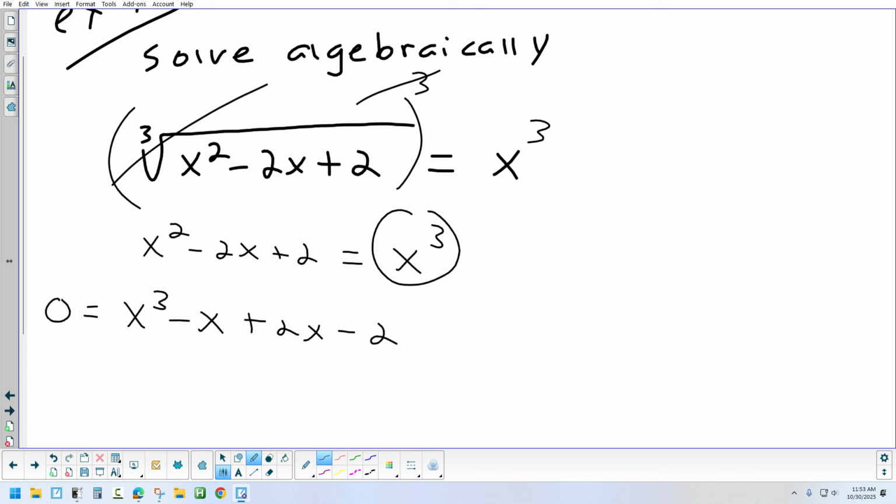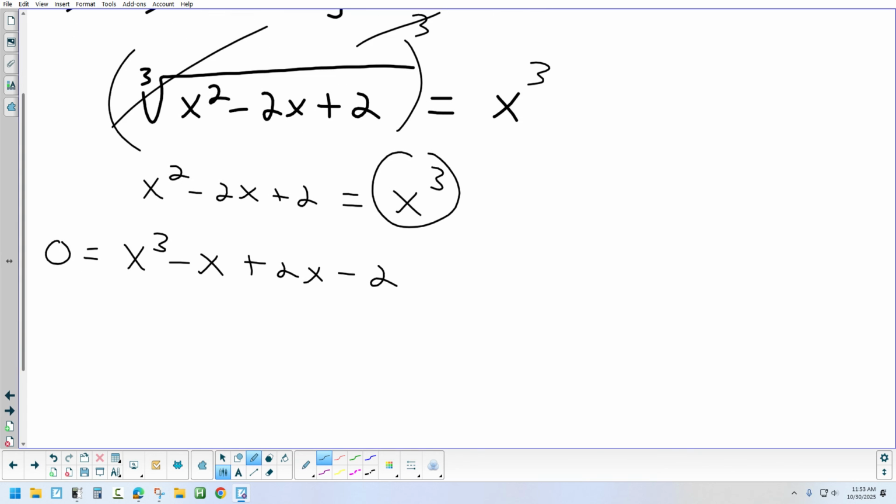Now, we do want to factor here. What kind of factoring are we going to try to do here? This is 4 terms. You're going to want to factor the x cubed and the negative x first. Do you remember what kind of factoring that is when you factor what you can out of those 2 first?